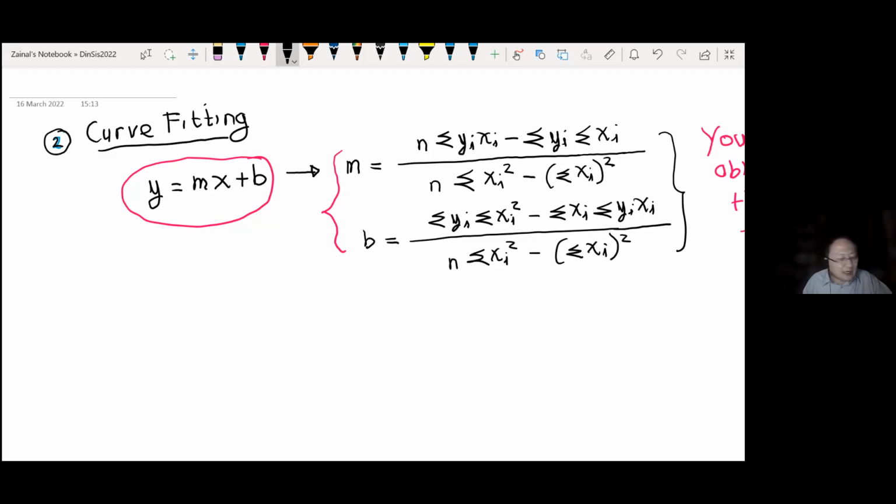I use different notation, otherwise you will be confused yourself, right?